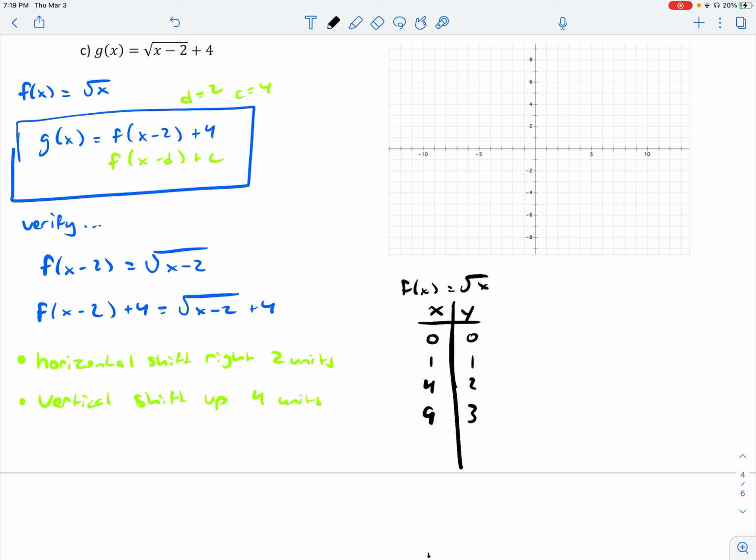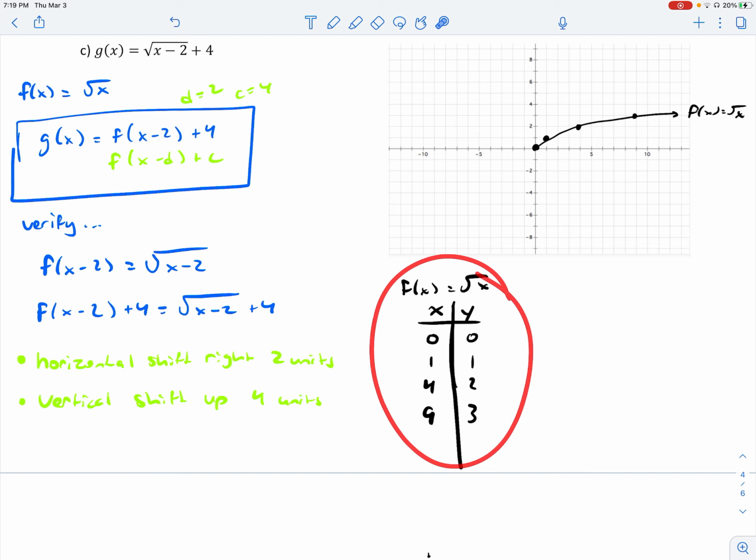Okay, we only look at the positive value when we're square rooting because this is a function and our output can only have one value. So we take the positive ones. Plotting those points, (0, 0), (1, 1), (4, 2), (9, 3). And this is f of x equal to root x.